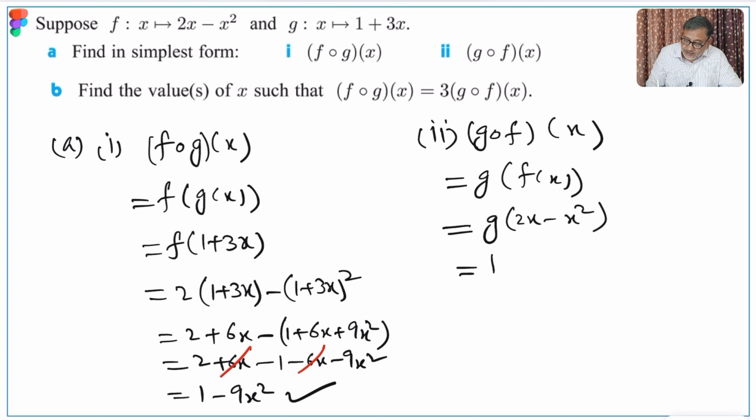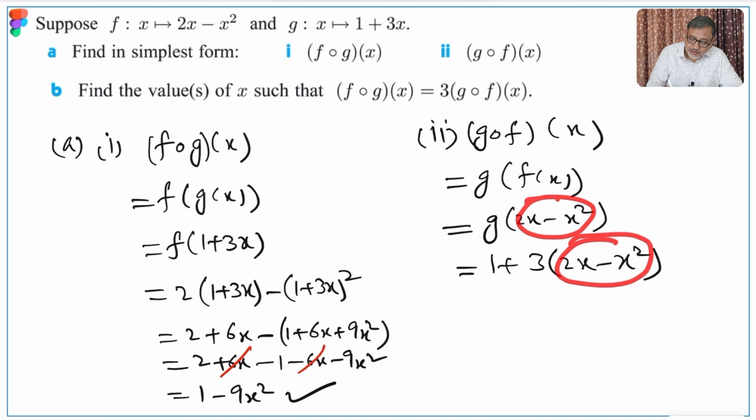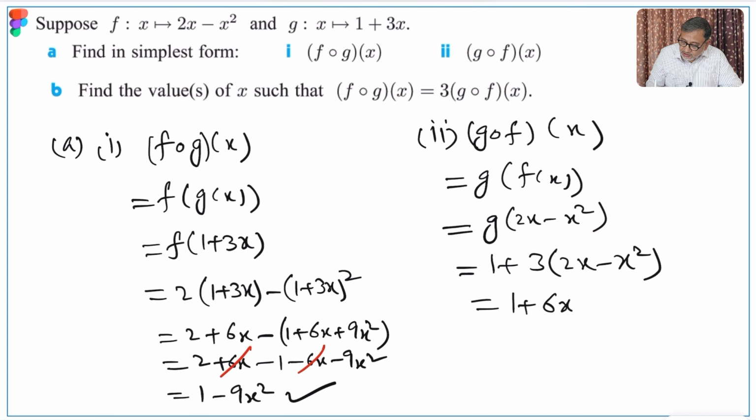See here, x will become 1 plus 3x, so this will become 1 plus 3 times that. Okay, we will write in simplified form: 6x minus 3x square. That's it. This is the simplified form.